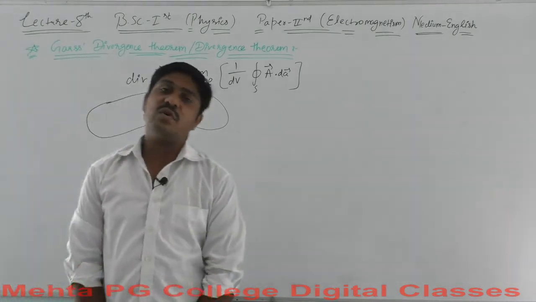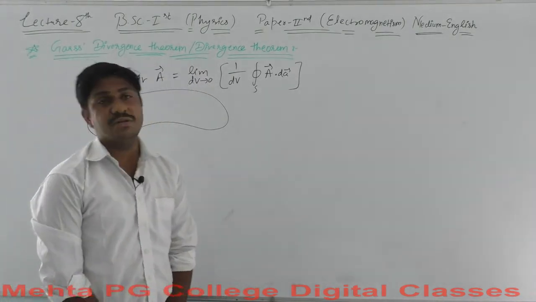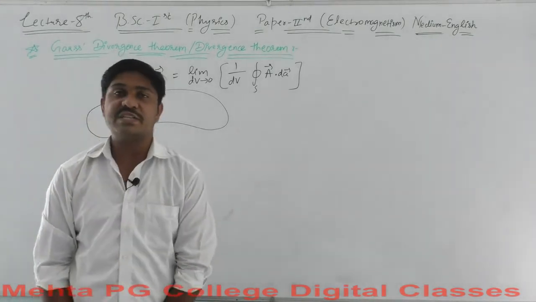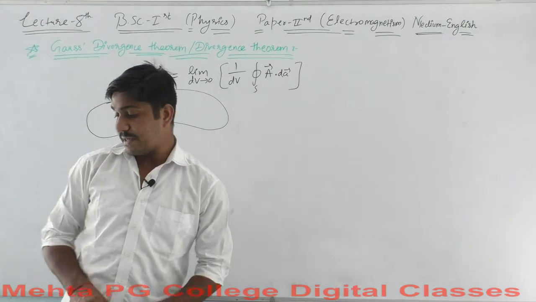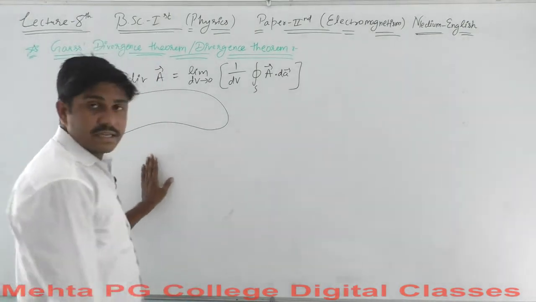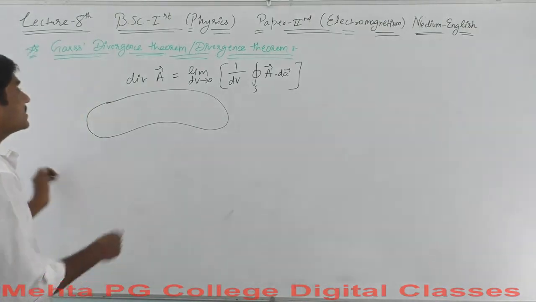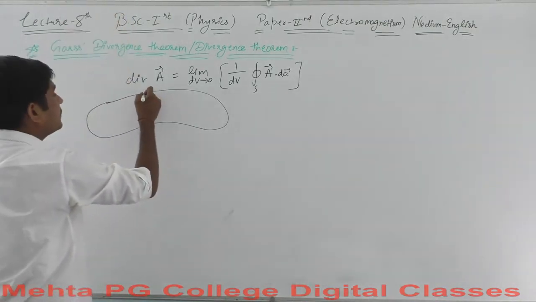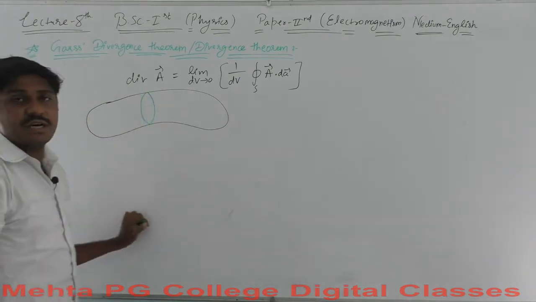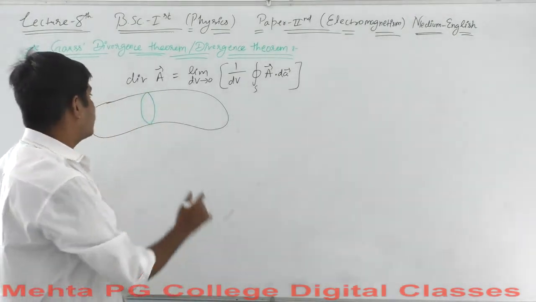So this is the time for us now to give a relation between this surface integration and the volume integration. So what is the particular volume? Let's say this is a volume element we have. Consider we have a surface element here. This is the cross-section area through which the flux will be passing.